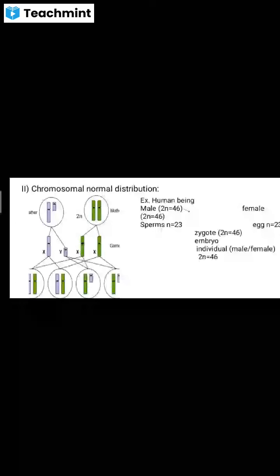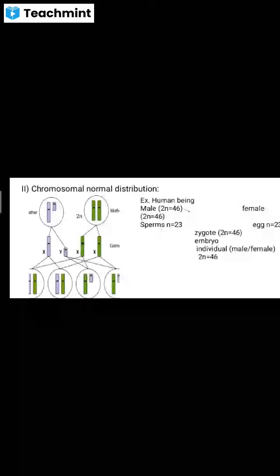After maturity, the male parent produces sperm, which is haploid, that means n equals 23. And the female parent produces egg cells, which are also haploid, that means n equals 23.